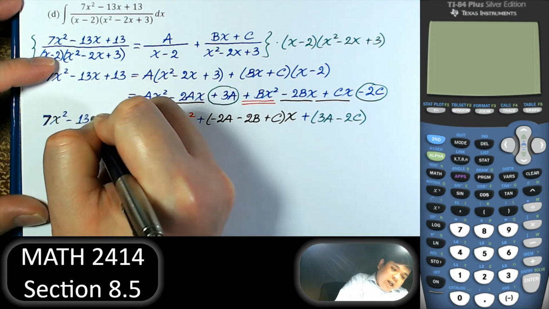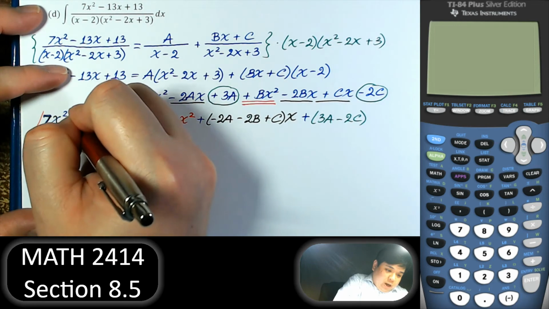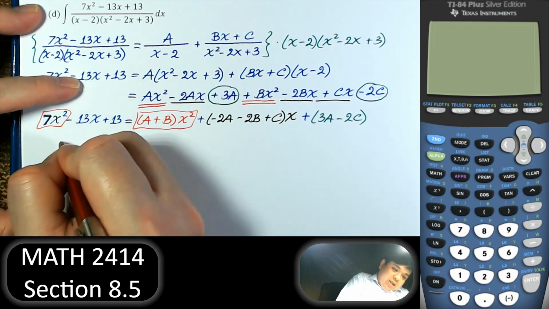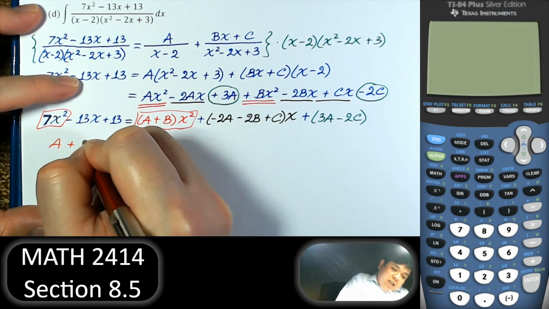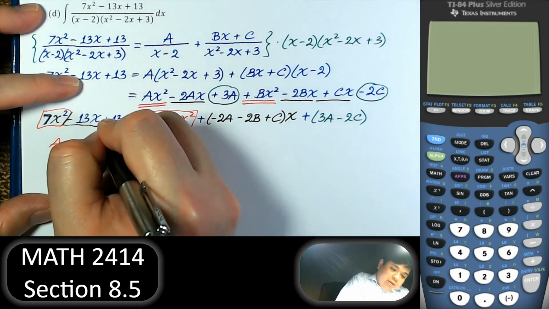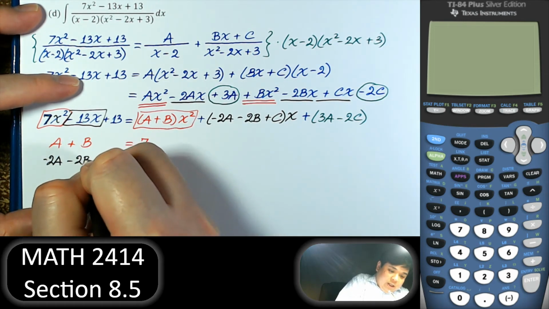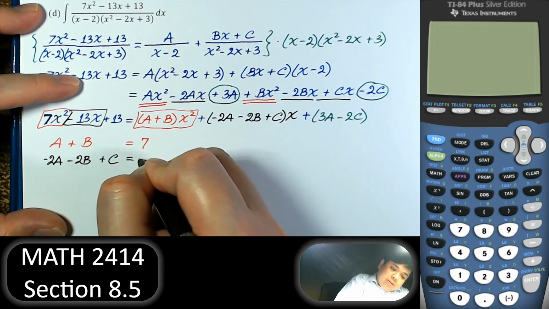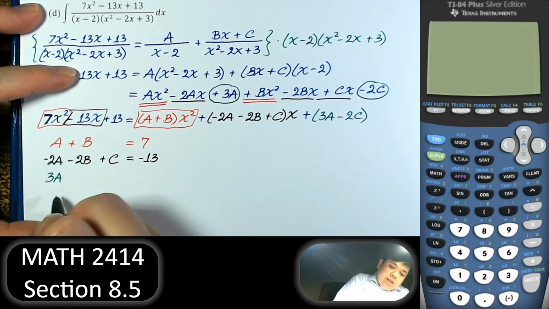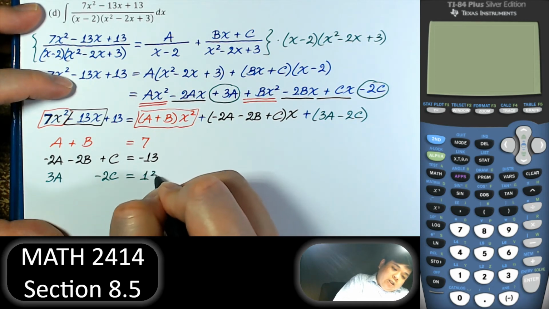Match with 7x squared minus 13x plus 13. Just match the coefficient of x squared with that. Don't even need to box it. So a plus b equal to 7. For x, negative 2a, negative 2b, and c, and then 3a, no b, negative 2c equal to 13.